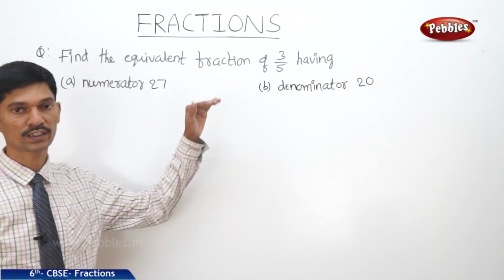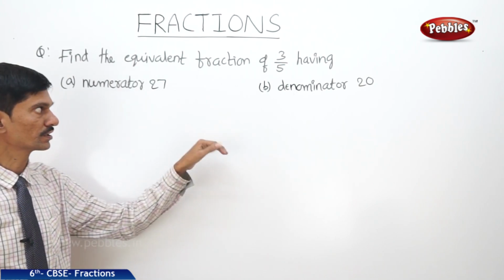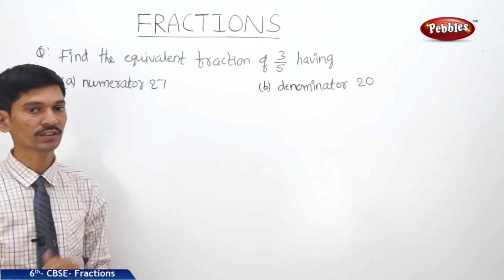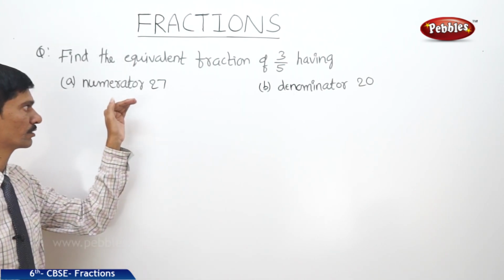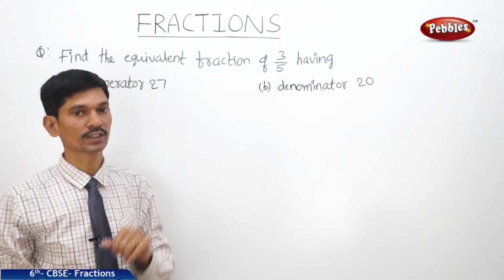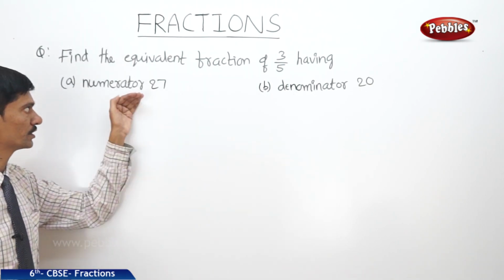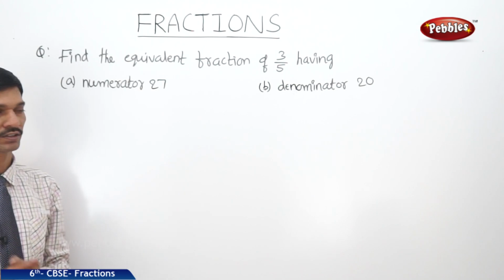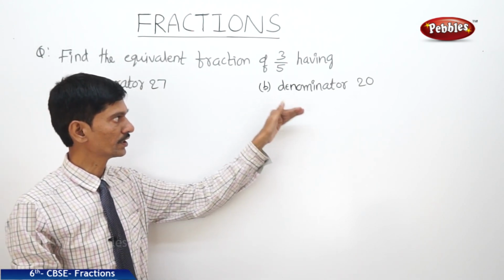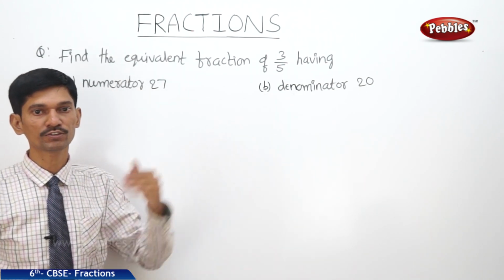So here you have to find two equivalent fractions of the given fraction 3 by 5, so that the numerator is 27 in one and the denominator is 20 in the other. So when the numerator is 27, we have to find the denominator, and in the second case when the denominator is 20, we have to find the numerator.